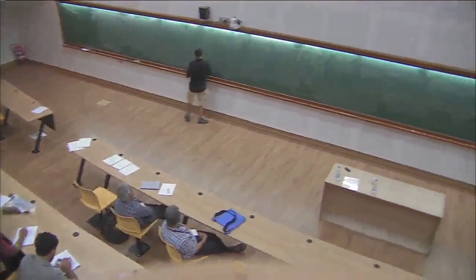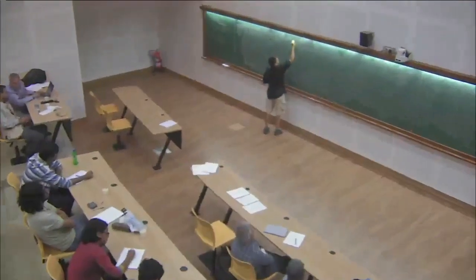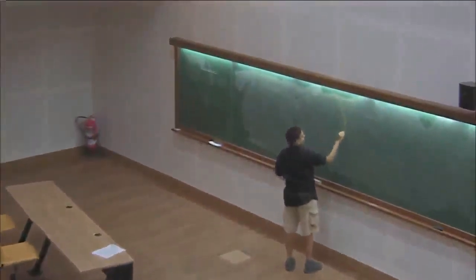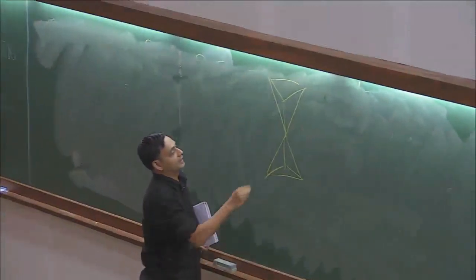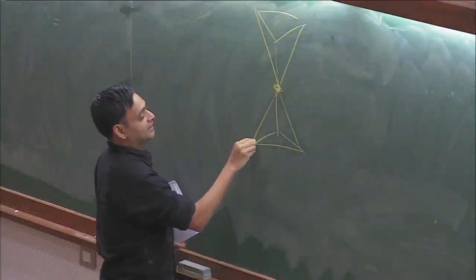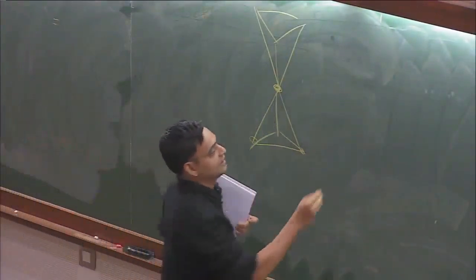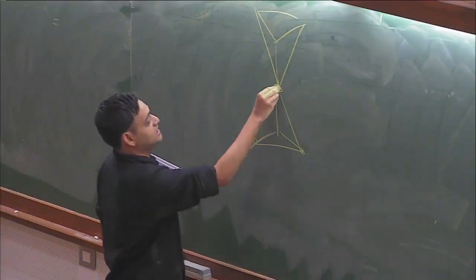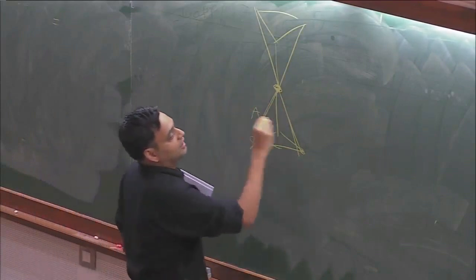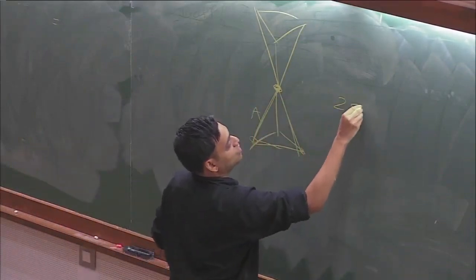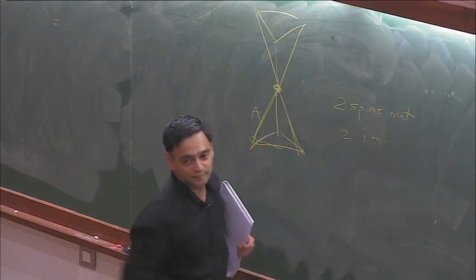So now let's go to 3 dimensions, to the pyrochlore lattice. And now we recognize that the ground state of the Ising antiferromagnet involves, if I look at one sublattice of tetrahedra, the up-pointing ones, call them A, you would like to have two spins out, two in on this tetrahedron.